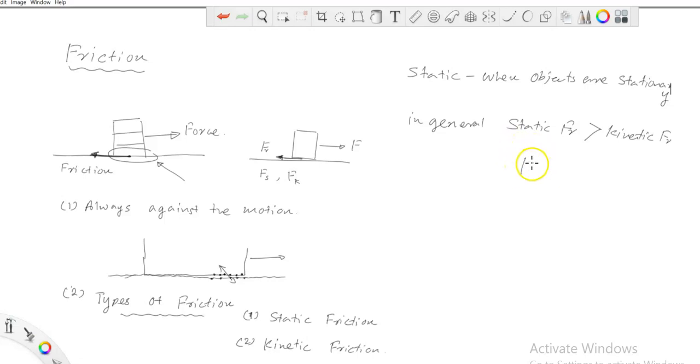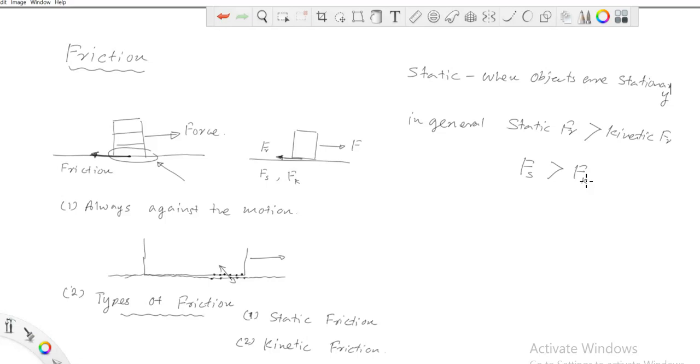Static friction is normally denoted by Fs. S stands for static. It's normally bigger than Fk. So when things are stationary, they have much more friction with the surface they are sitting on. But if you are able to get it moving, then the friction drops a little bit. It becomes a little easier to move something once it is in motion. So kinetic friction is normally less than static friction.